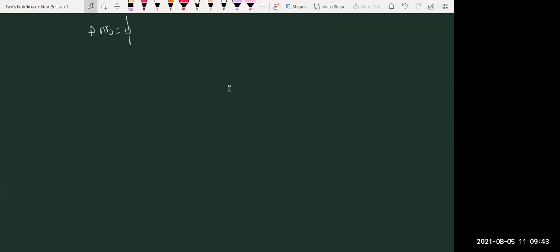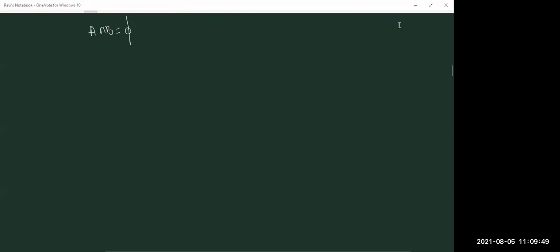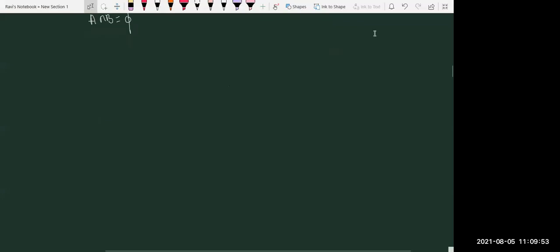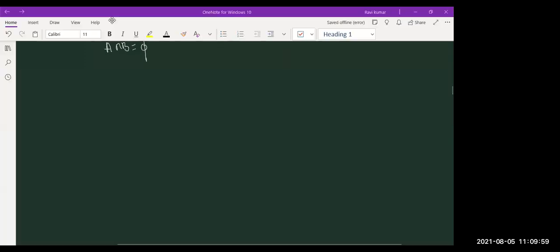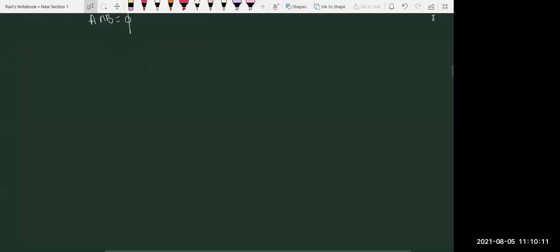CBSE students don't know that, and ICSE students know that. And what about state board students? Have you studied the componendo and dividendo rule? No, sir. Okay, fine. I will discuss that.